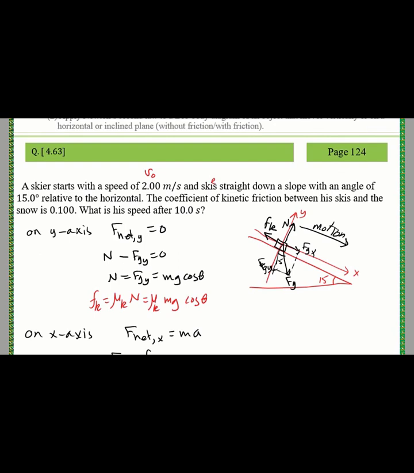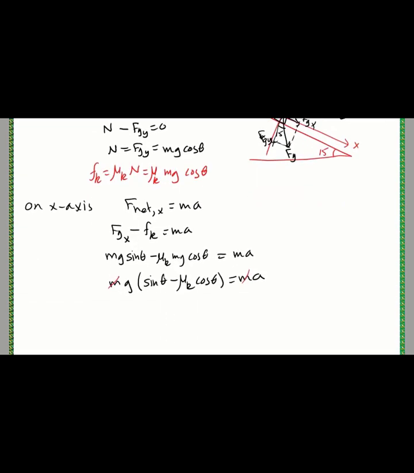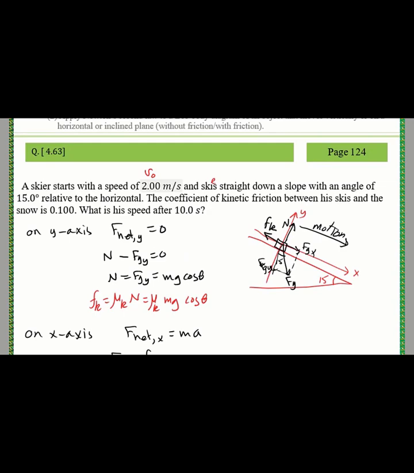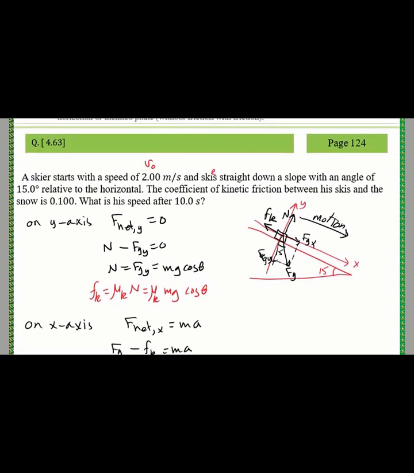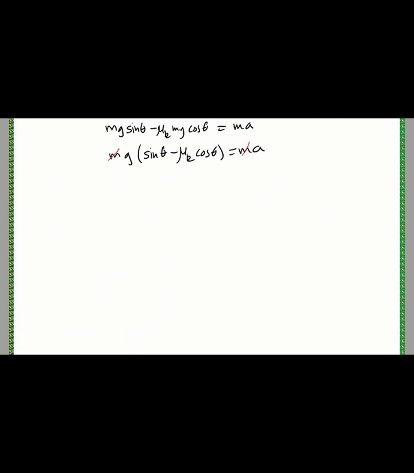Now we need the velocity after 10 seconds. And we have the initial velocity, 2 meters per second. Easy now. V final equals V initial plus a times t. V initial plus the acceleration, which is sine theta minus mu k cosine theta times g, times t.